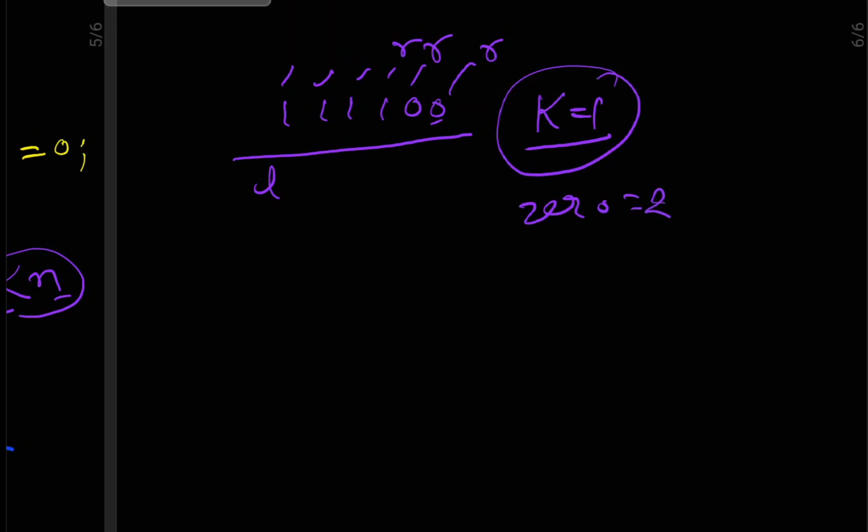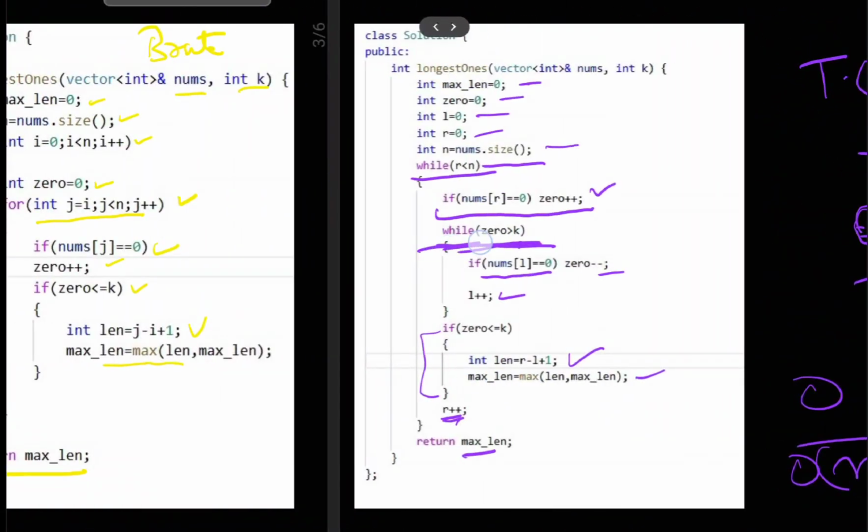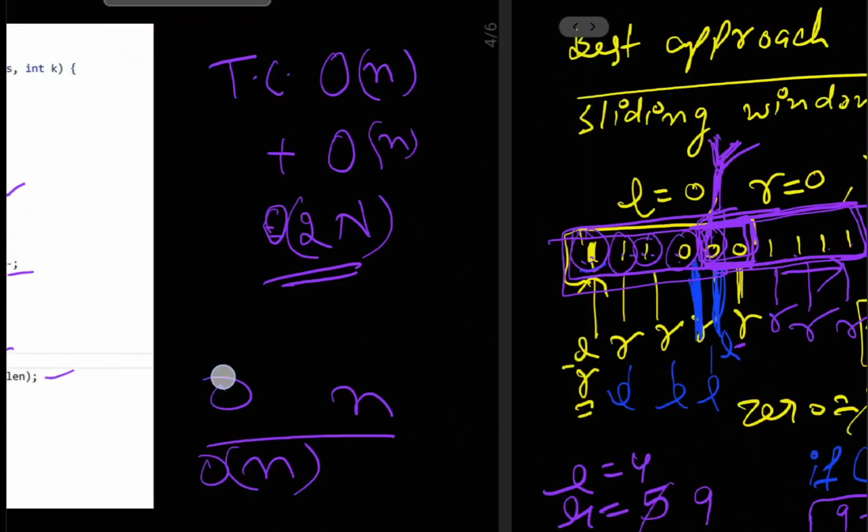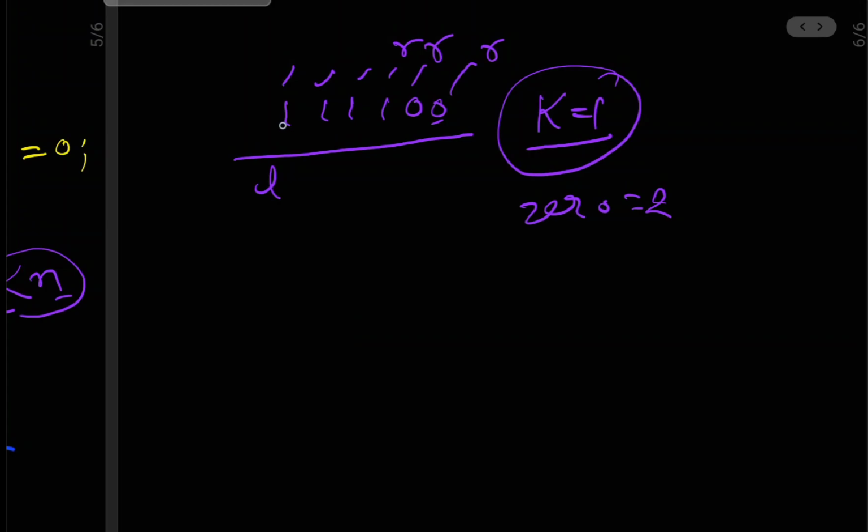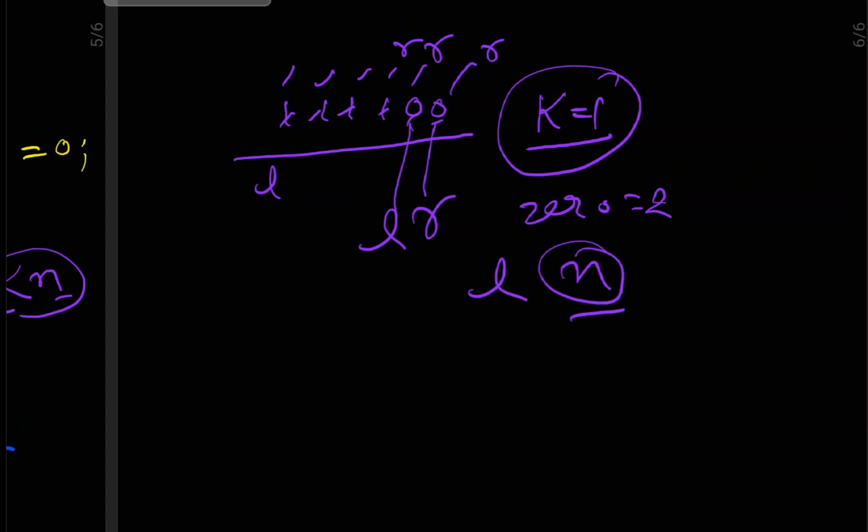Then I will start iterating my left, 1 2 3 4 5, until my left is here and my right is here, and I have to move my left up to n times. So in the worst case, my inside while loop will go up to n.